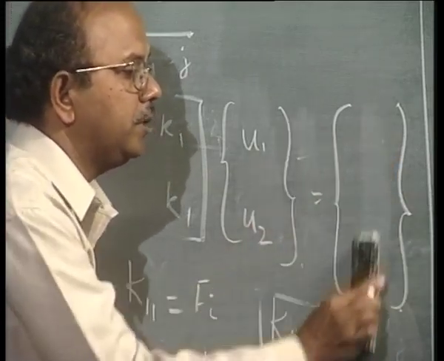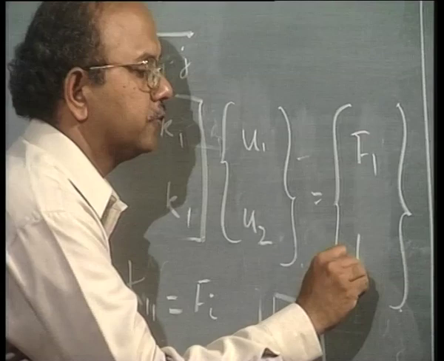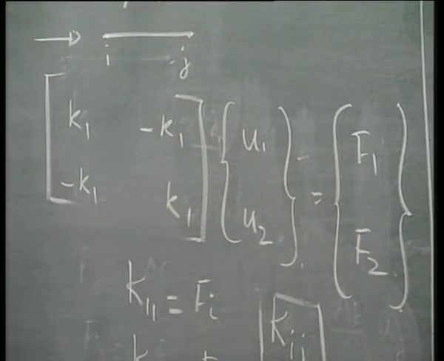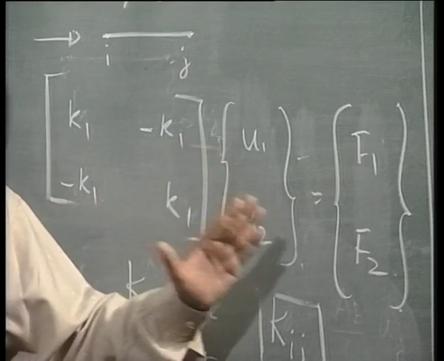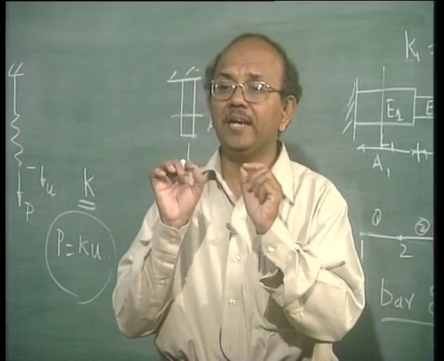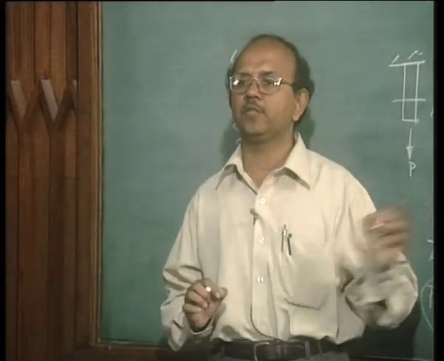And that happens to be F1 and F2. Okay, I am not worried about what are the values of F1, how it looks like and so on. Just I am repeating it for this particular element. Is that clear? Any questions? Right? Now, i and j was a generic indices. Now, I have replaced it with the actual index.